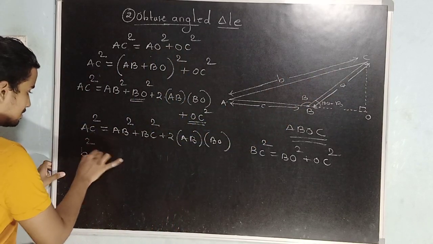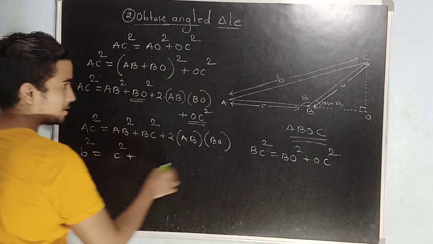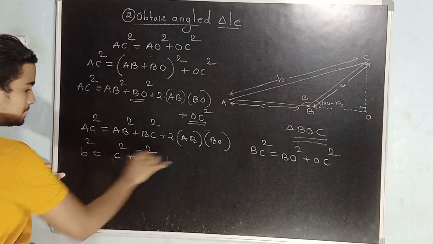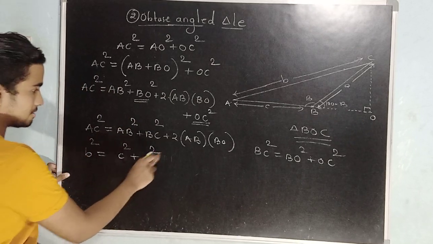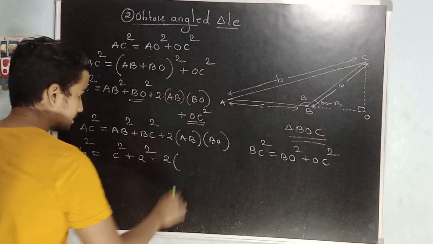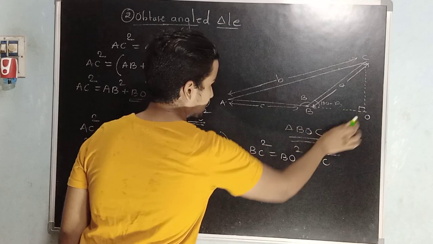So b square is equal to c square plus a square plus 2 into AB, which is c, into BO.